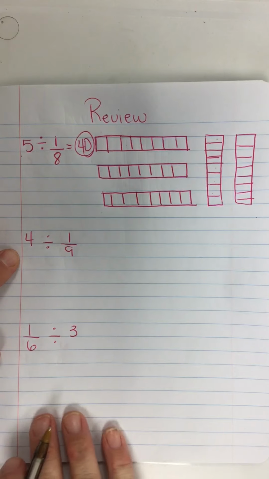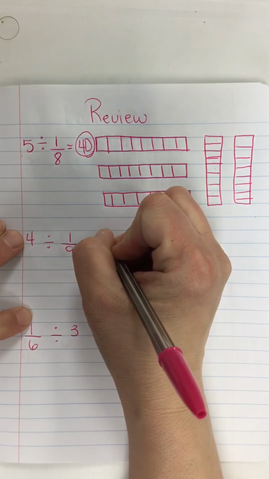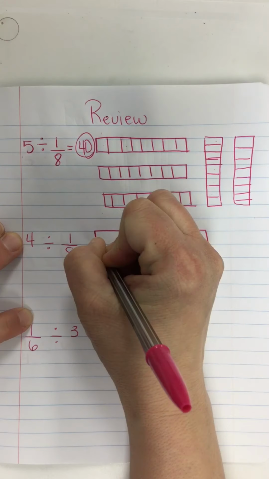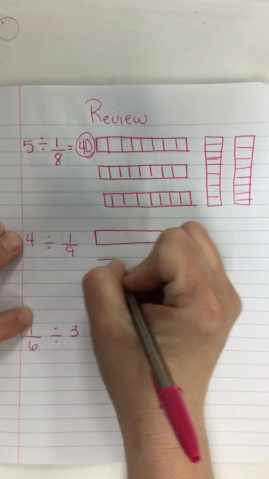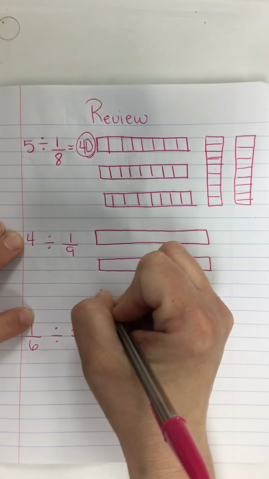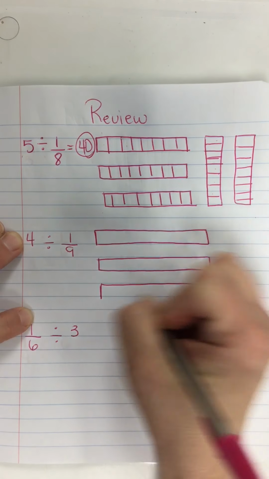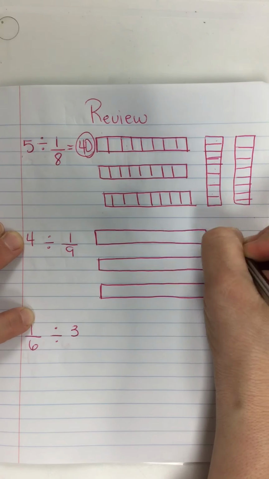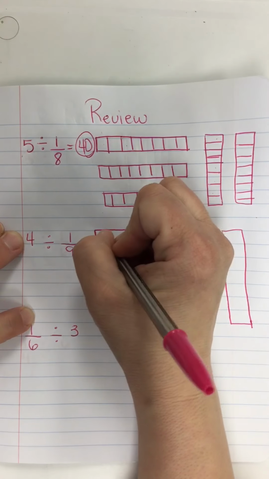Okay, 4 divided by 1/9. Same thing. I need 4 models, and each model is going to be broken into how many pieces? Okay, so each model is going to be broken into 9 pieces.